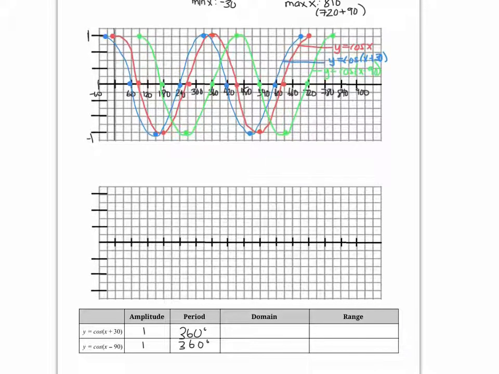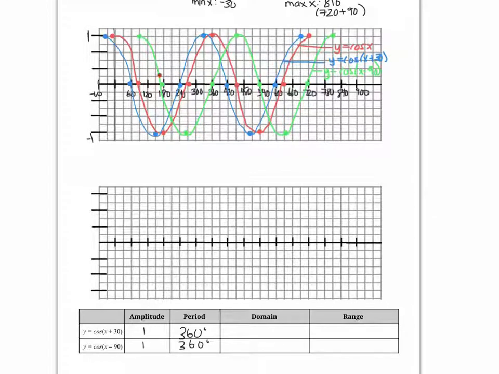Our domain has changed slightly because we've shifted to the left and to the right. Our domain of 2 cycles of the graph of cos should be between 0 and 720. But when we shifted to the left 30, our domain is now negative 30 to 690.